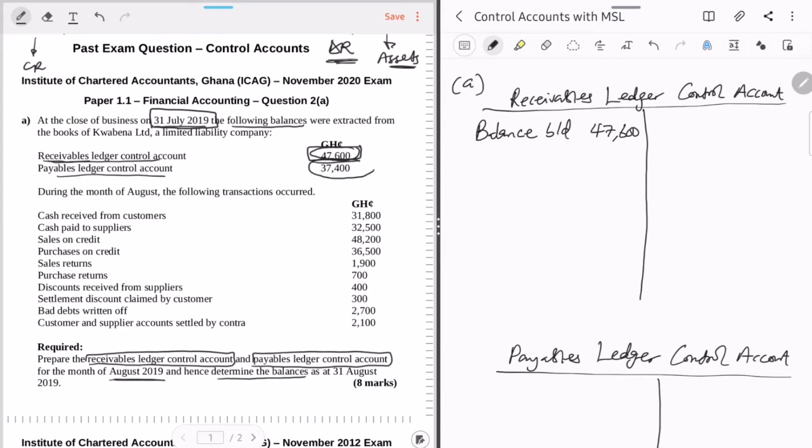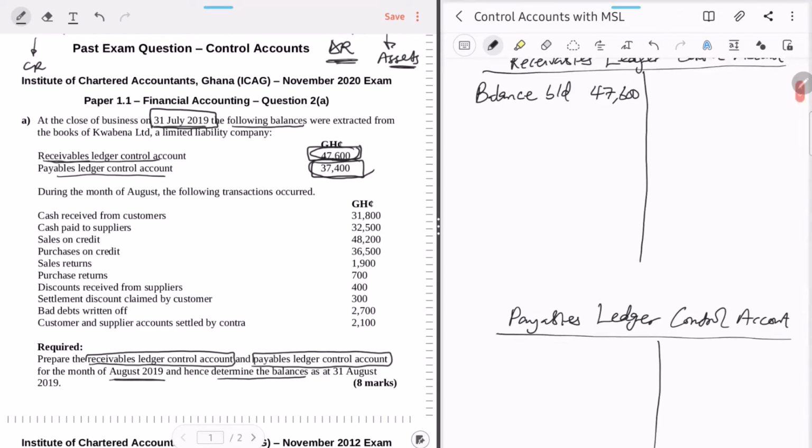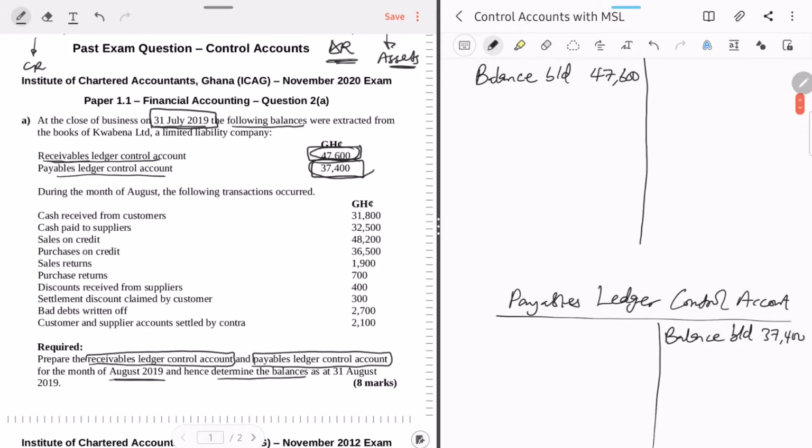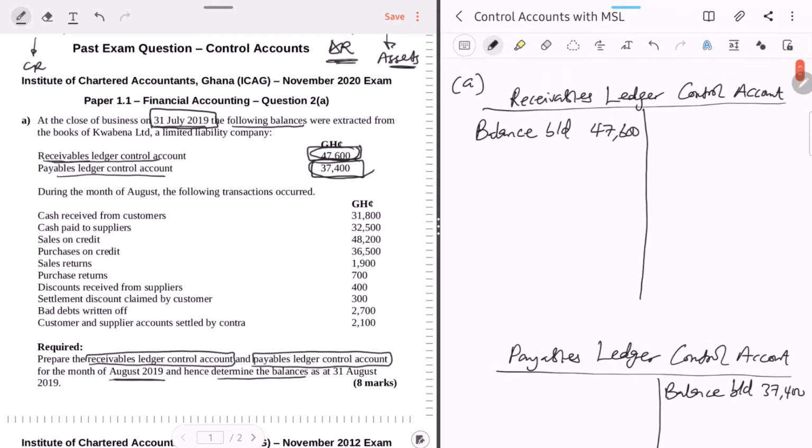Then the 37,400 will be on the credit side of the payables ledger control account. So my balance brought down will be 37,400. Some people like to use balance brought forward or whatever, but feel free. Right? So this is how you place your opening balances.